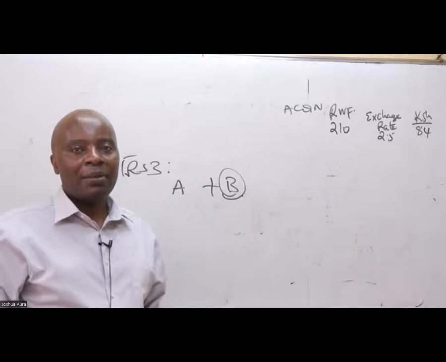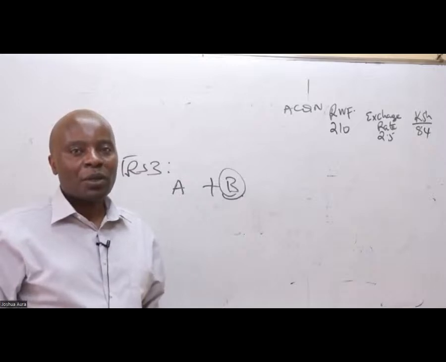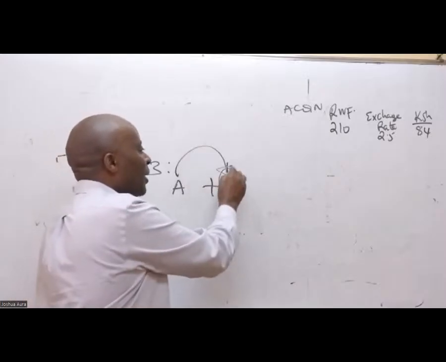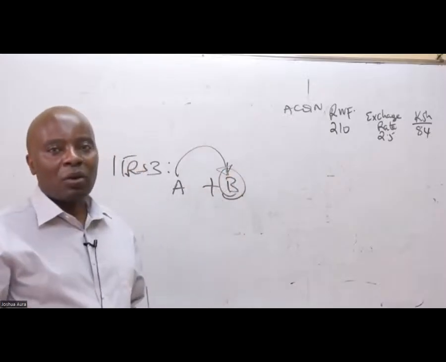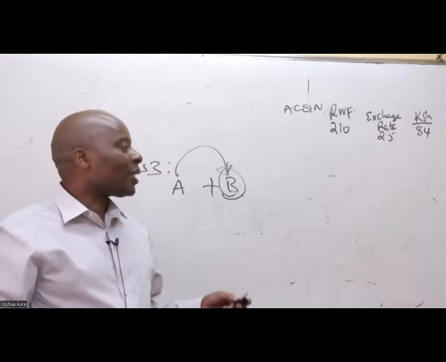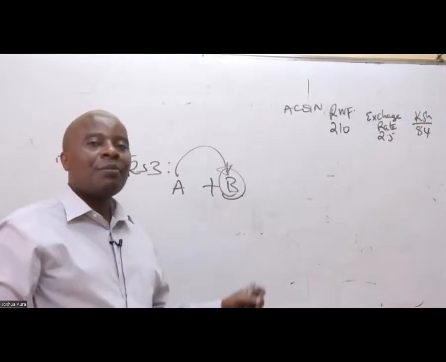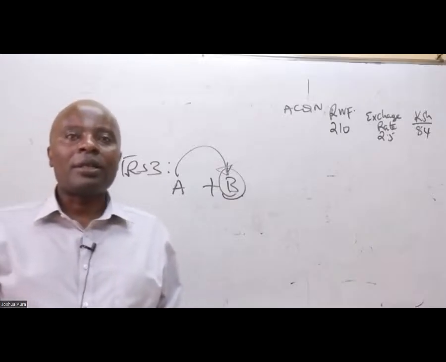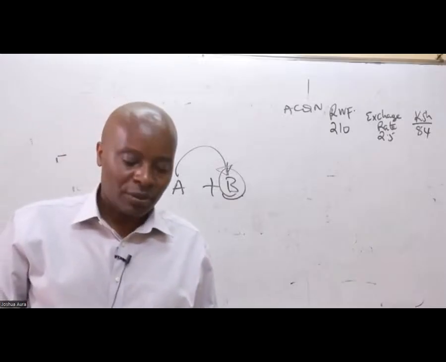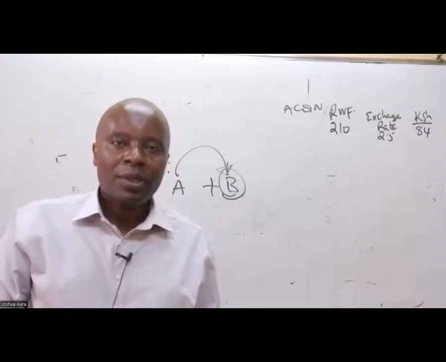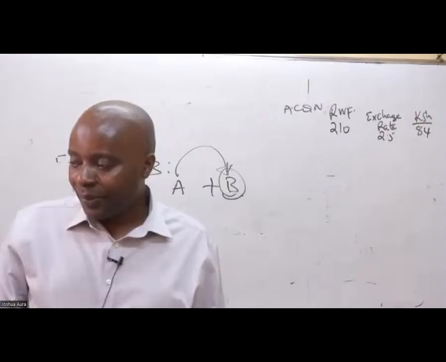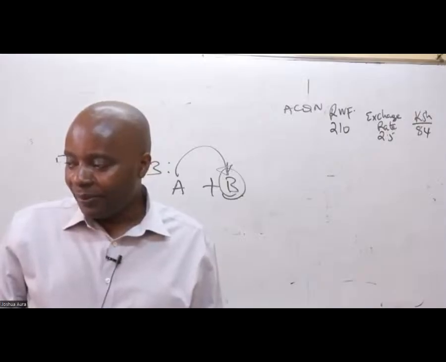A owns B, but now B has become bankrupt. So they're asking you, how will you treat B in the group consolidation at the year end, at reporting?